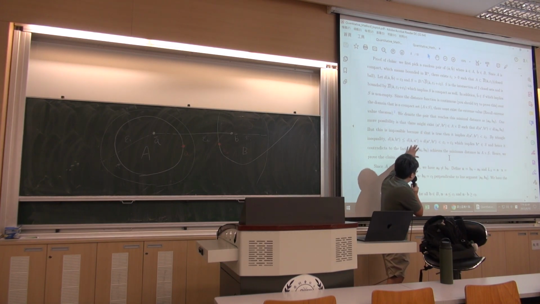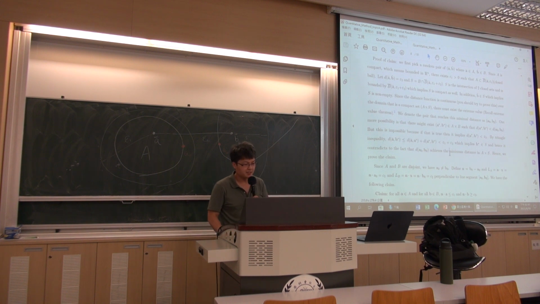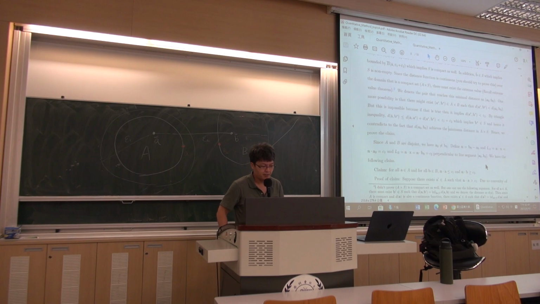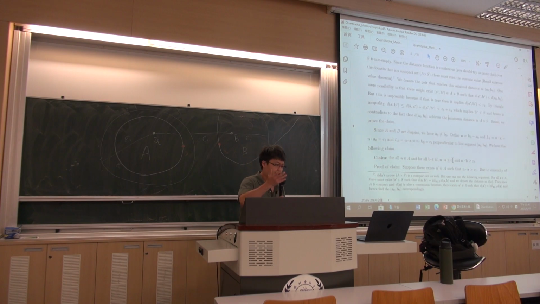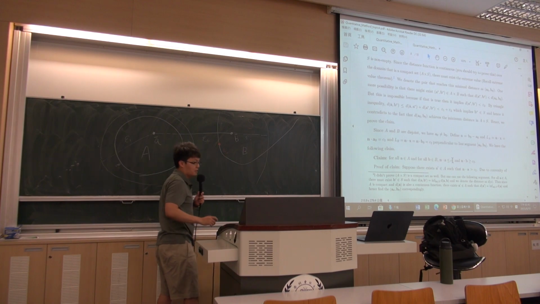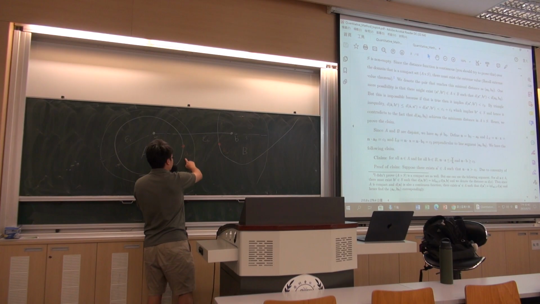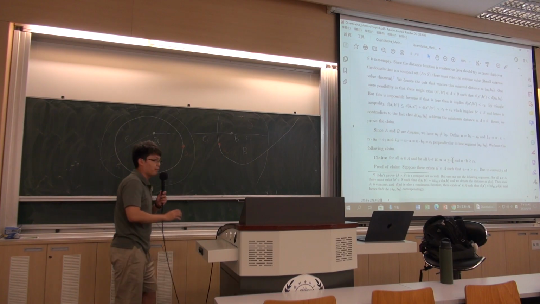That proves claim one: A0 and B0 reach the minimum distance over the set A and S. And since A and B are disjoint, these two points A0 and B0 cannot be the same.